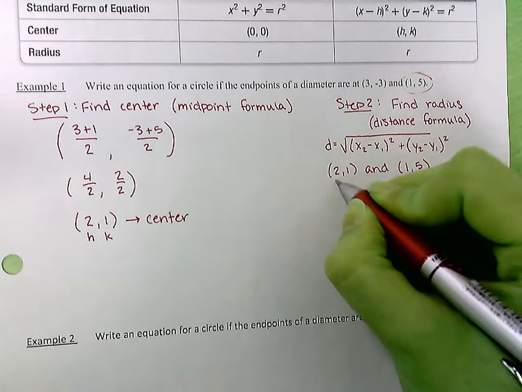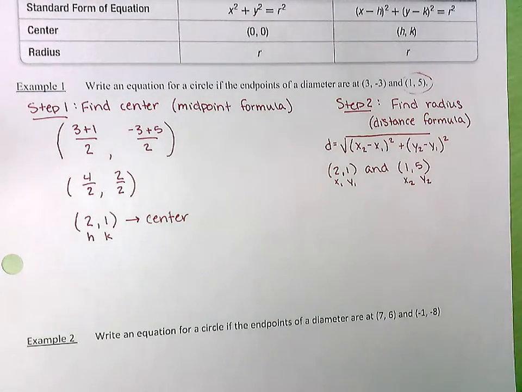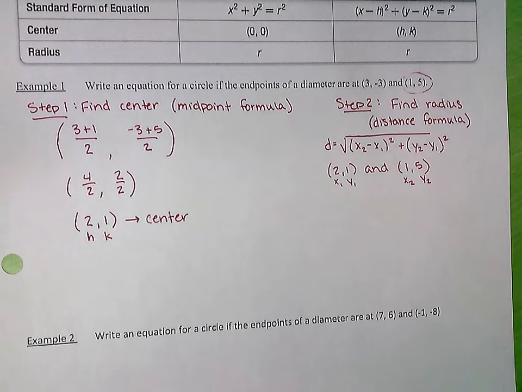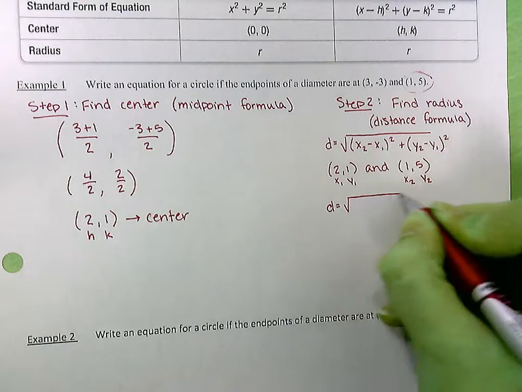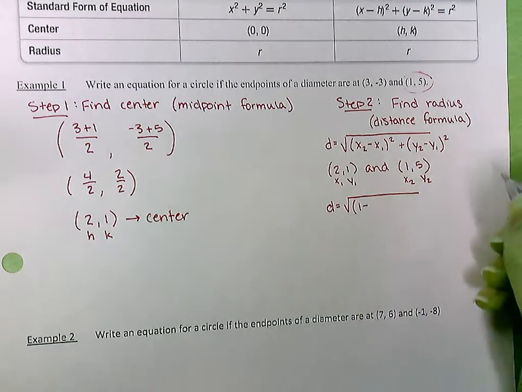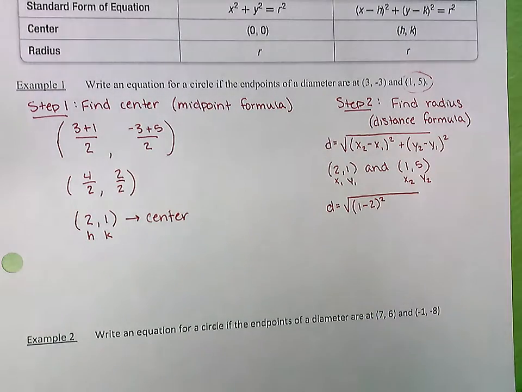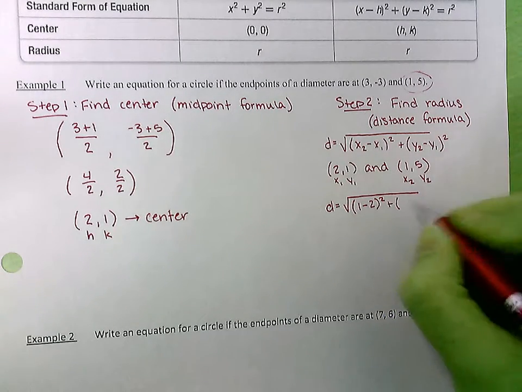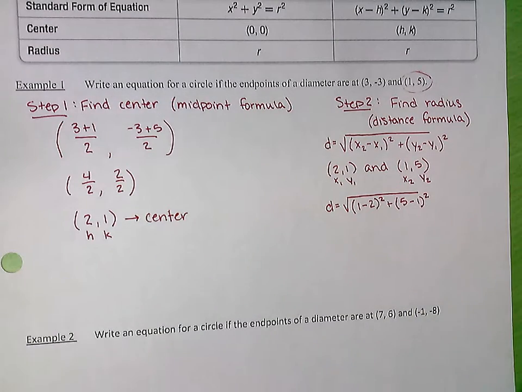Okay, so in my first one here, I have x sub 1 and y sub 1, and x sub 2 and y sub 2. Again, I'm labeling these so it's easier to plug into that formula. Okay, so we have x sub 2 is 1, minus x sub 1 is 2, that's squared, plus y sub 2 is 5, minus y sub 1 is 1, squared.